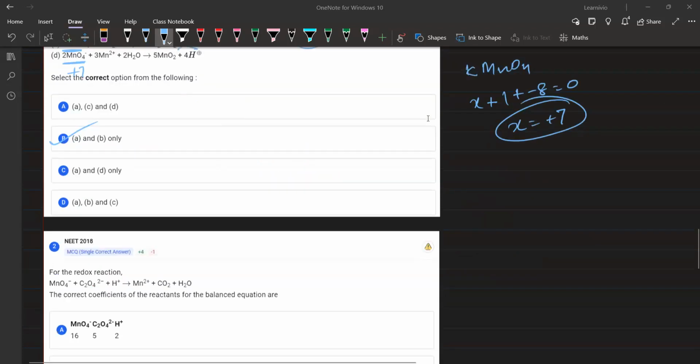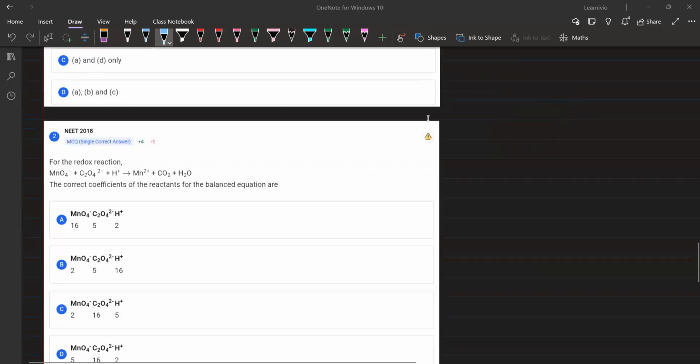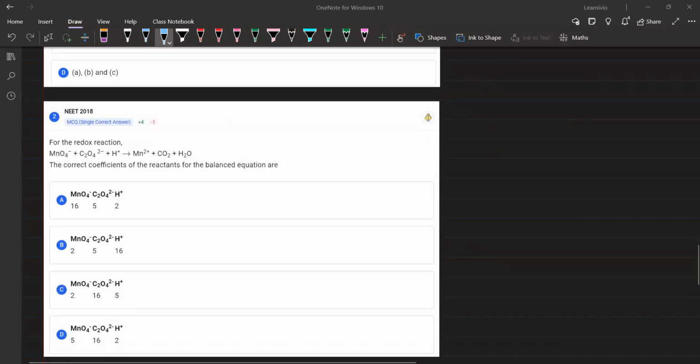So moving ahead. For the redox reaction, the coefficients of the reactants for the balanced equation are. Can you tell me this? Alia, Nabil, and Aaron. Yes guys, tell me. Come on, try it, it will happen. Try it.